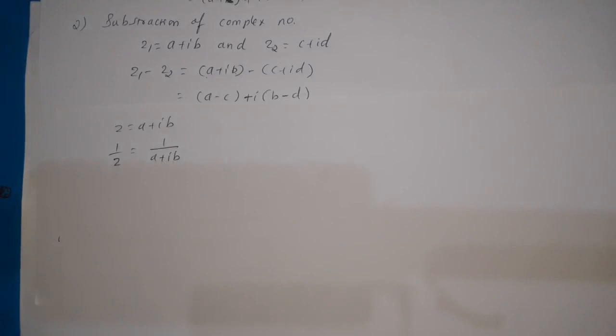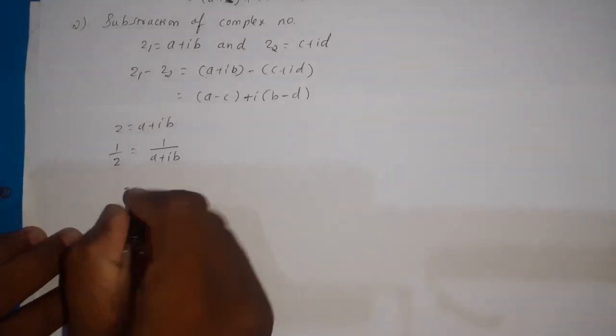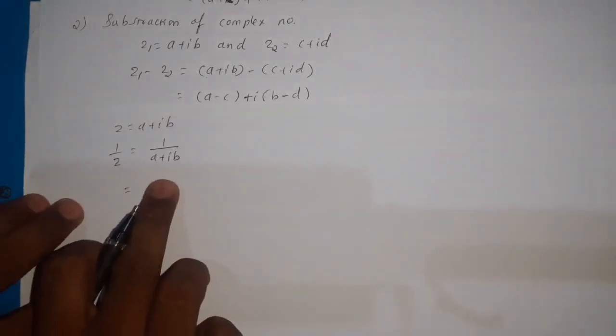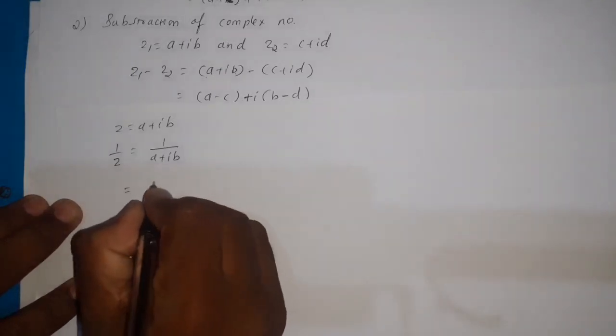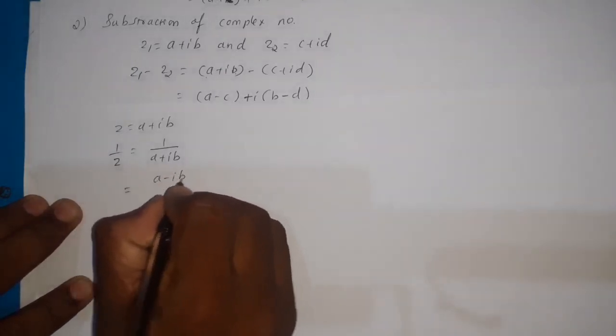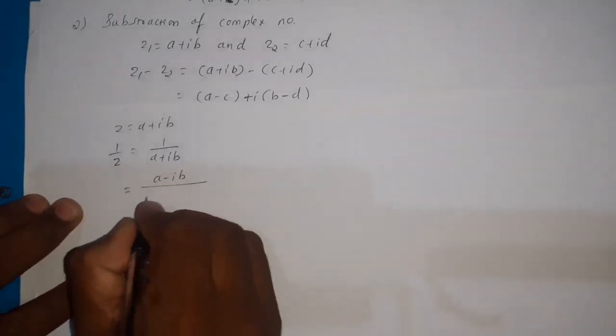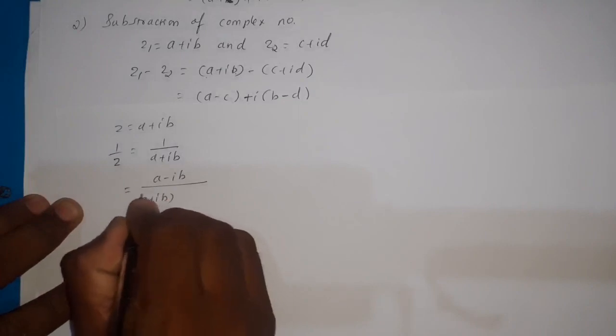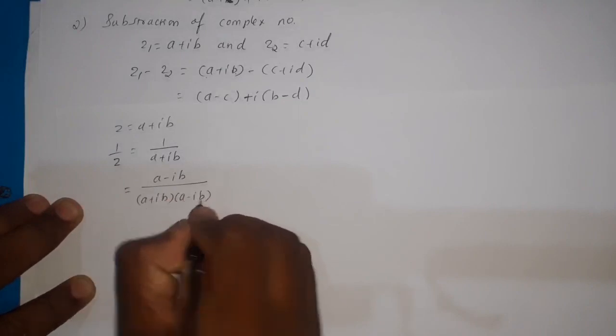Whenever we have a complex number in the denominator, we have to rationalize that. Rationalization means we need to multiply and divide by the term which has the opposite sign of the denominator. So here a plus ib is given, then we need to multiply by a minus ib. So now a minus ib divided by (a plus ib) into (a minus ib).